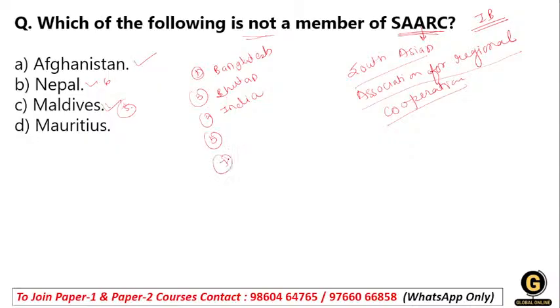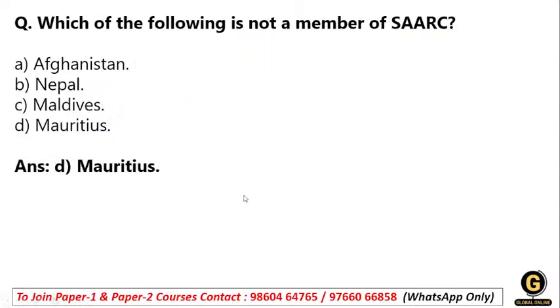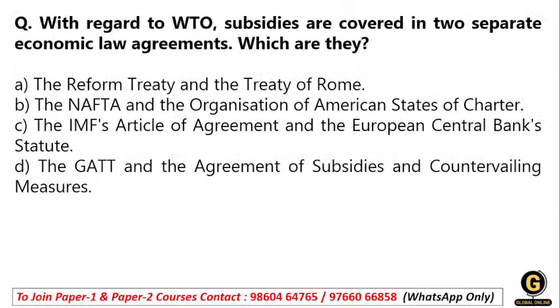Then in the seventh position, Pakistan. Then eighth, Sri Lanka. These are all the members of SAARC, but this one is not a member of SAARC. This country is not a member of SAARC. So the right answer will be option number D. Okay.